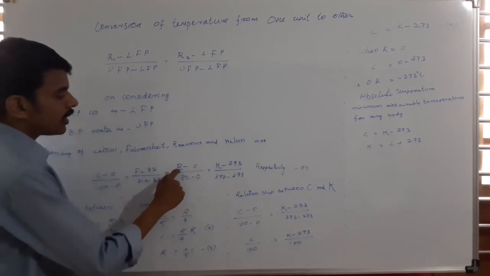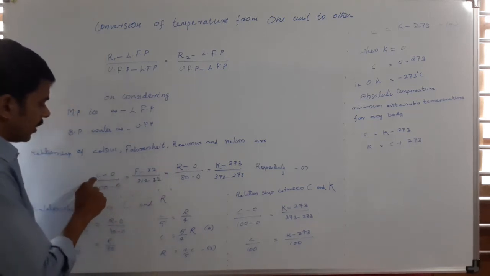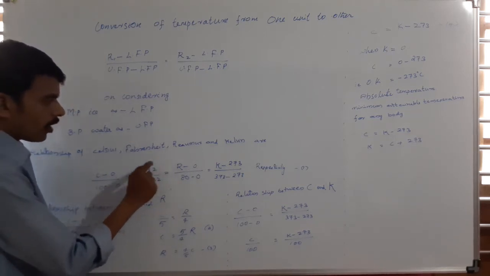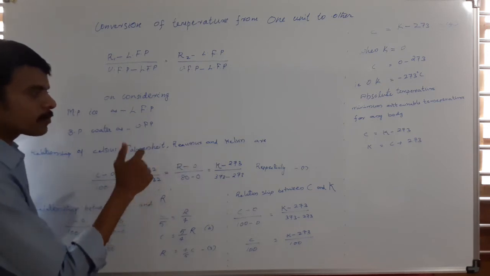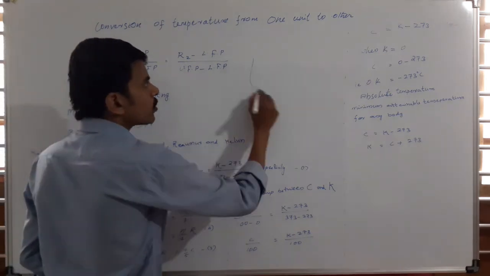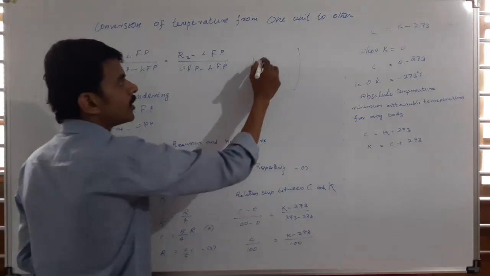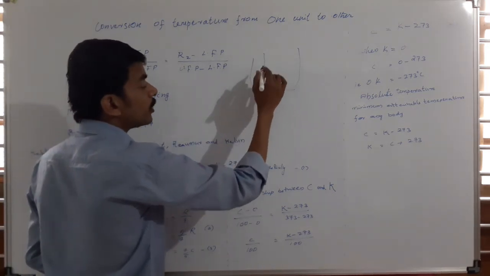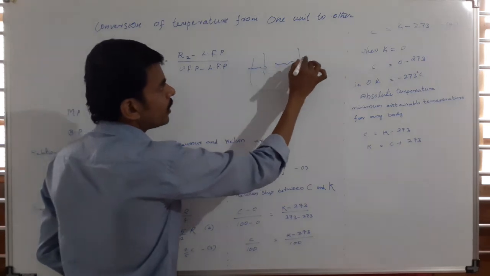So what is the reading here? C, F, R, and K all represent corresponding readings. For example, imagine all four scales are bathed in ice, and we have given heat.